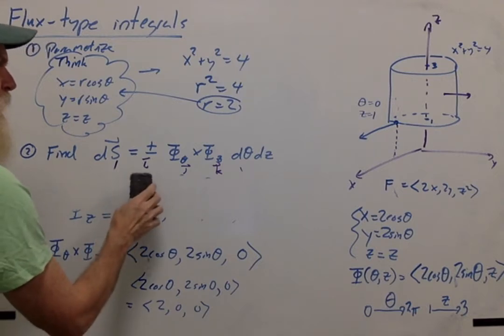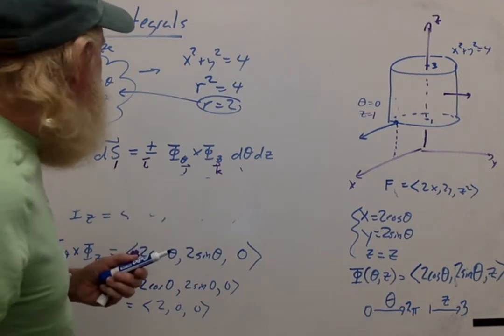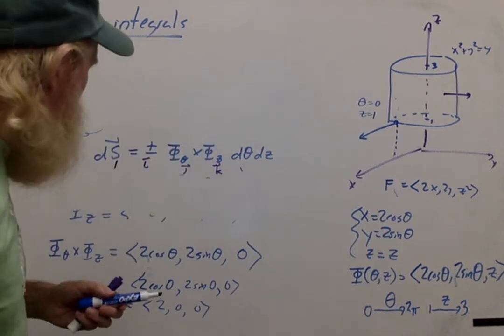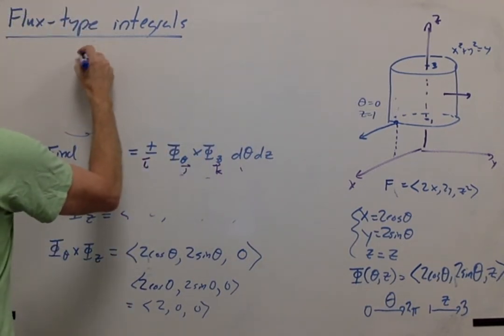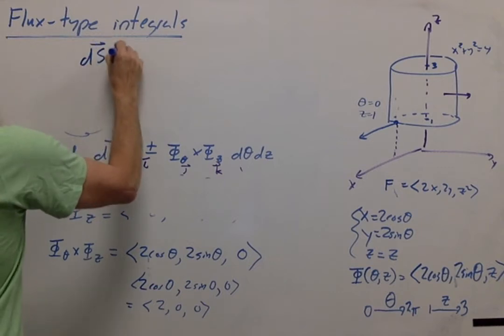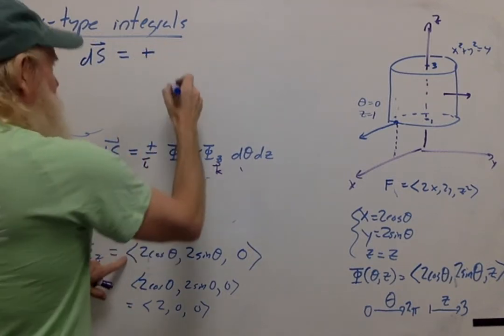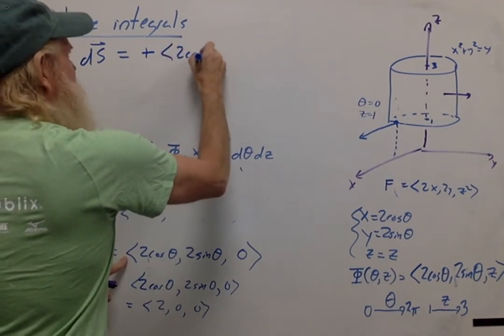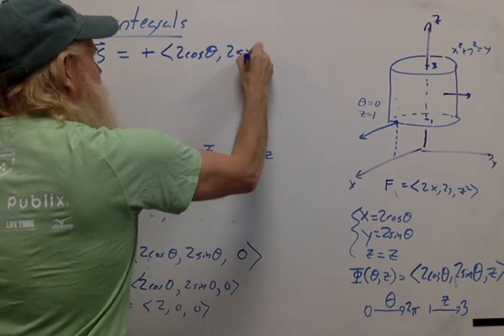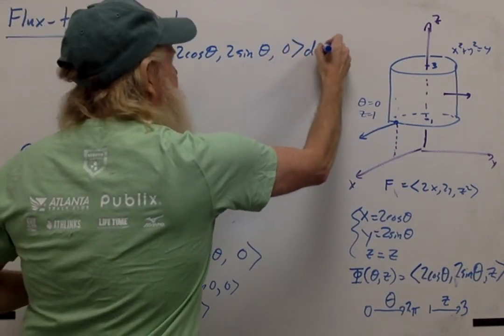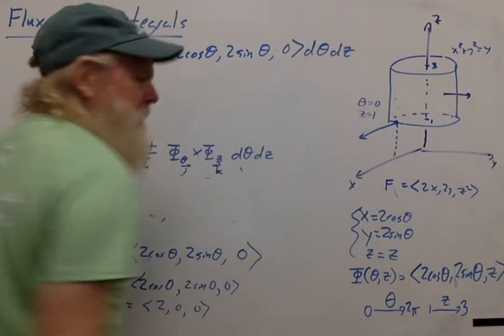So let's see, where am I going to capture that? I can just write it up here. What we figured out is that vector dS is equal to positive the cross product, which is 2 cosine theta, 2 sine theta, and 0 d theta dz.